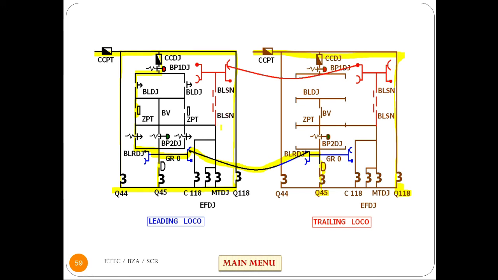It means that in the leading loco, MTDJ is getting the supply. At the same time, if your BLSN is in normal condition, up condition, the same supply will rush to the trailing loco like this.